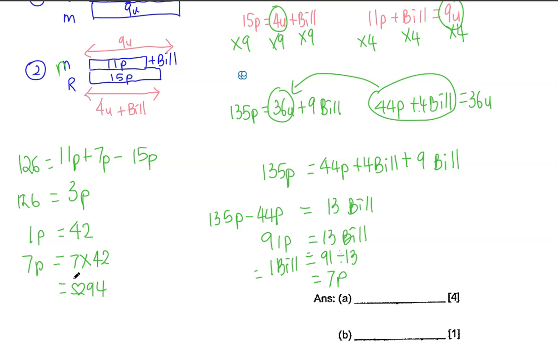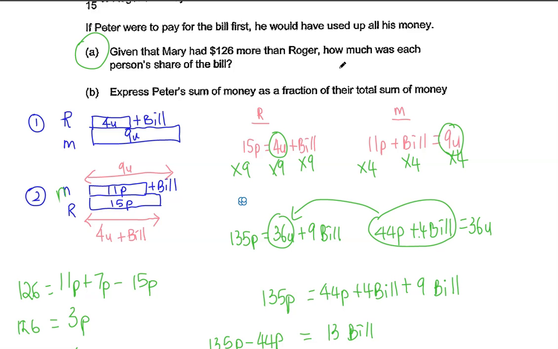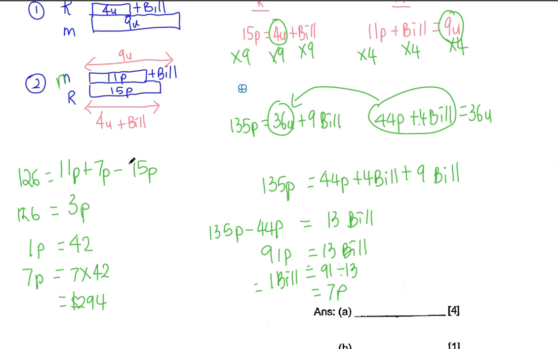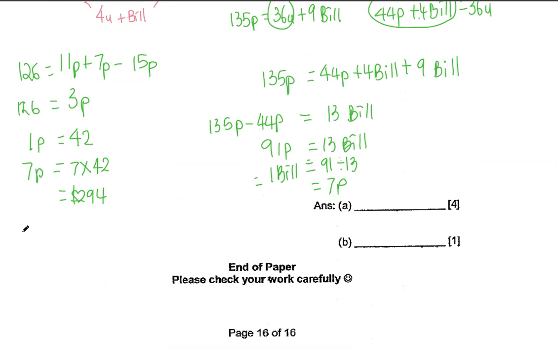So the bill is $294, correct? And the question asks, how much was each person's share? So there are 3 of them. So you take 294 divided by 3, you should get $98. So this is for part A, $98.